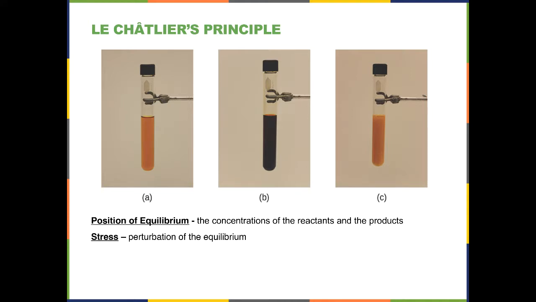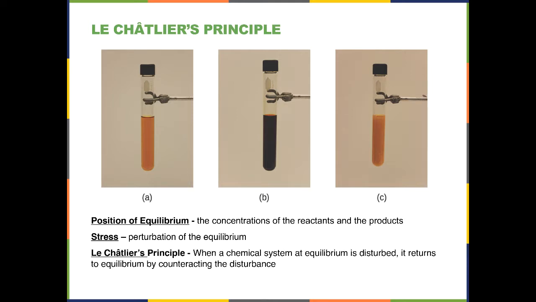If you stress that, it means you cause some change to the position of the equilibrium. Either you change the products, you change the reactants, you change the temperature, you change the pressure. There are various things you can do to make a change.